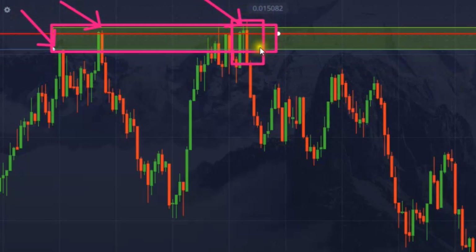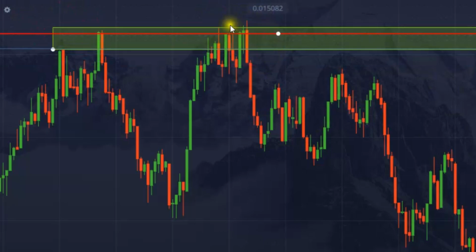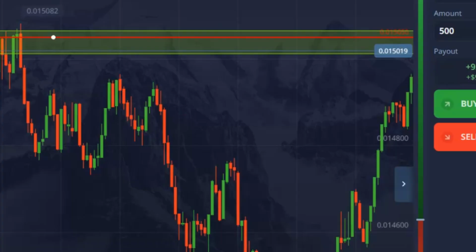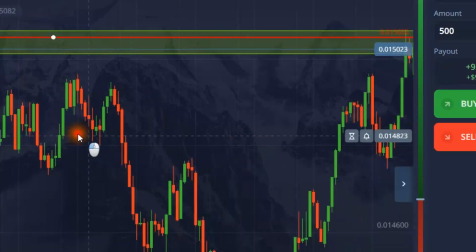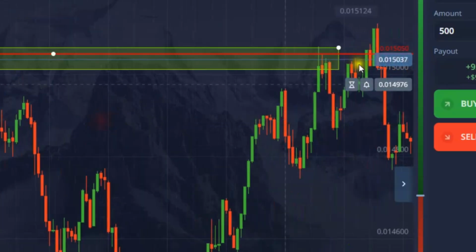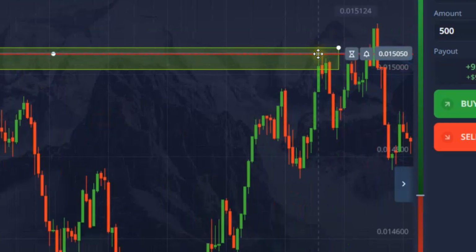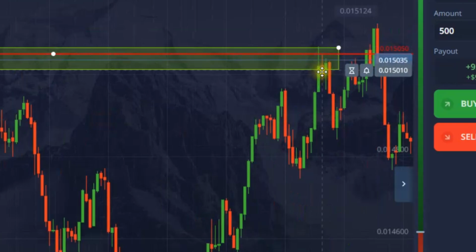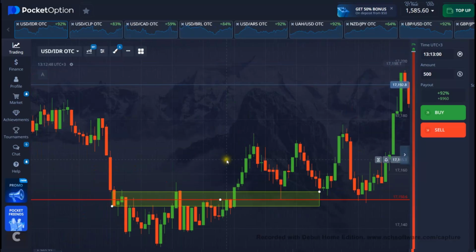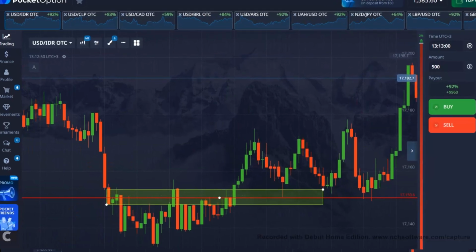Once we get that supply area, we draw a horizontal line on that level as we have done on this point right here, and once it comes back to our supply area, we take a trade and the trade will have closed as a winning trade. So that is one of the ways we trade support and resistance.